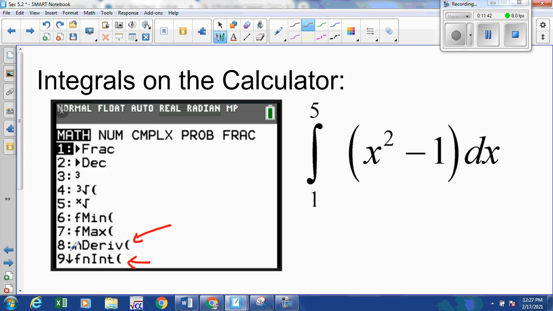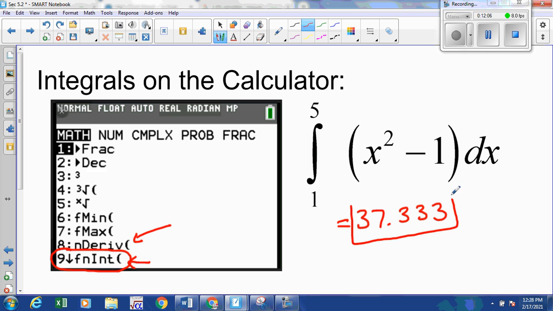So if we go down here to 9, Function Integrator, it's going to bring up something that looks like an integral. And you're going to plug in your 1 and your 5. In the parentheses, you do x squared minus 1, and then you type dx. And when you do that, the calculator is going to give you 37.333.